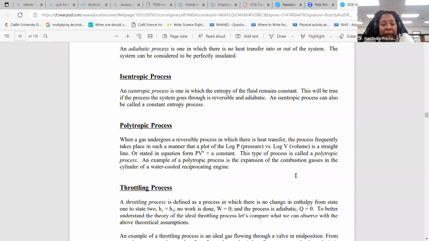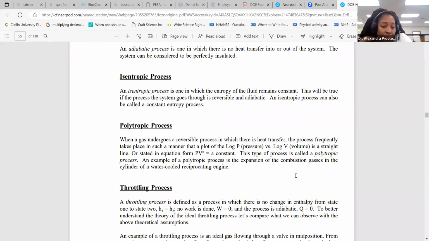Polytropic is when the gas undergoes a reversible process in which heat is transferred. The process frequently takes place in a manner like this plot. We have the log of pressure versus the log of volume, and this is a straight line, and that's why PV^n is equal to a constant.